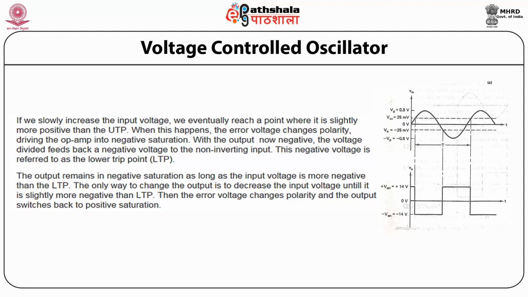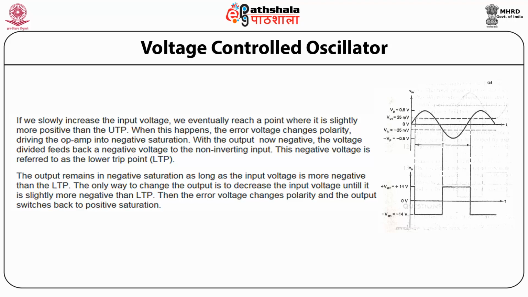When this happens, the error voltage changes polarity, driving the op-amp into negative saturation. With the output now negative, the voltage divider feeds back a negative voltage to the non-inverting input, referred to as the lower trip point LTP, and UTP is the upper trip point.